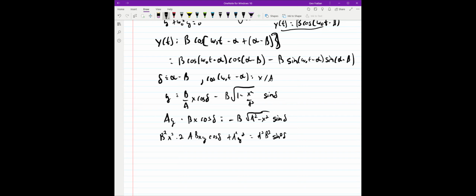Perfect. So now we can see what happens if we set delta, the phase shift. If delta is equal to plus or minus pi over 2, then this becomes x squared over a squared plus y squared over b squared is equal to 1. Now, that looks like a circle, actually, or an ellipse.